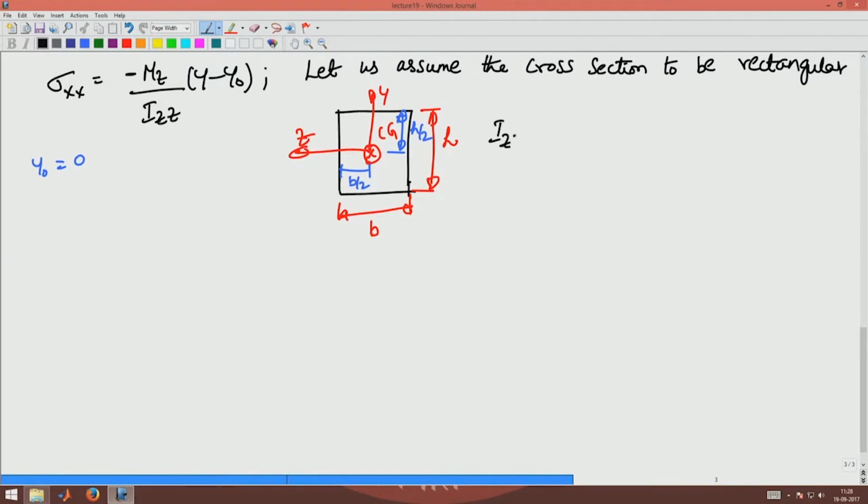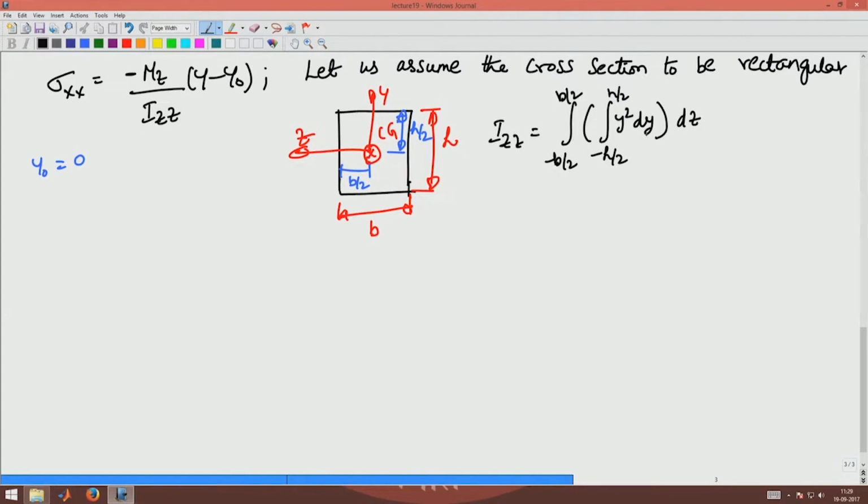Izz for this cross section is the integral of y square dy from minus h by 2 to h by 2, into dz from minus b by 2 to b by 2, right. In z I am integrating from this point to this point, the width is the same, so it does not matter how I integrate.